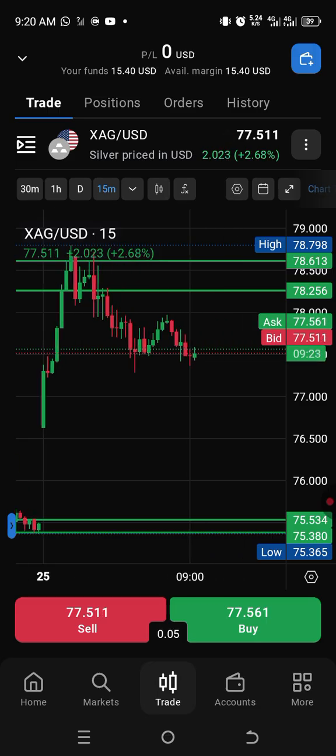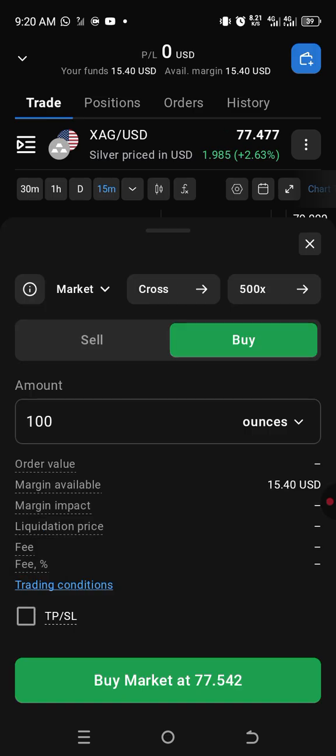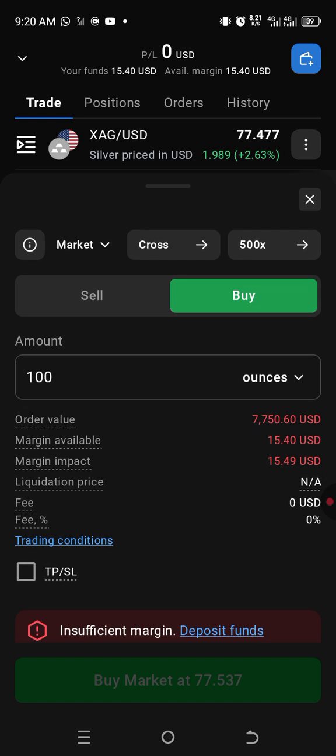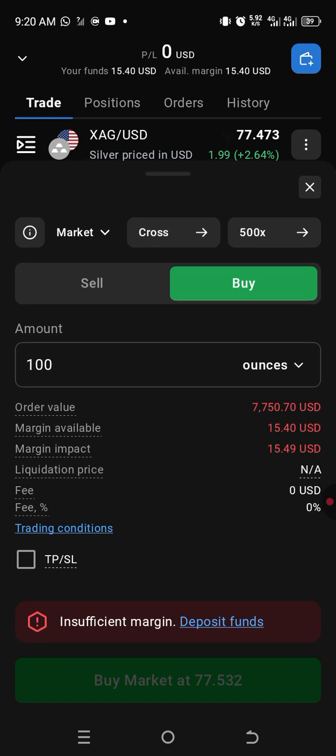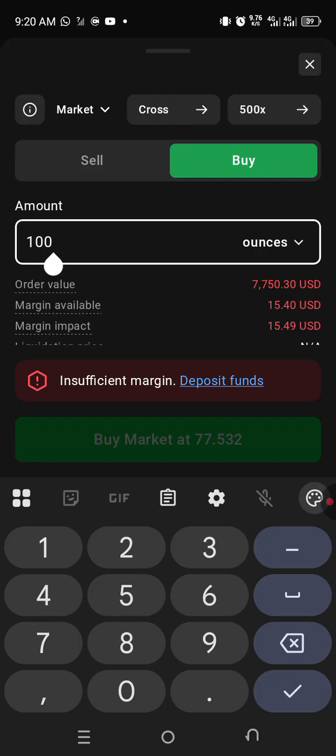We might be lucky actually, because there was a sell, then there was a doji. So let's buy. There's no need to wait. I don't know if I'm late, but let's buy. What do you mean ounces? 100 ounces.